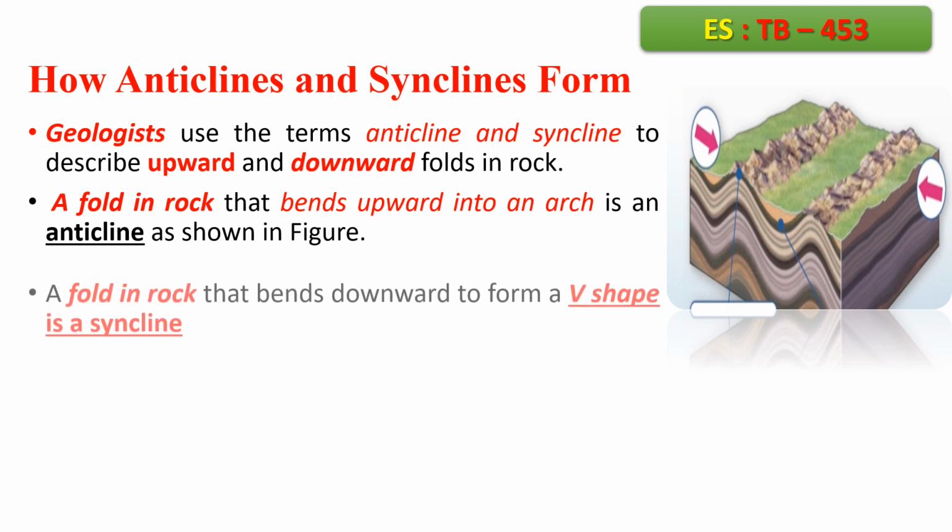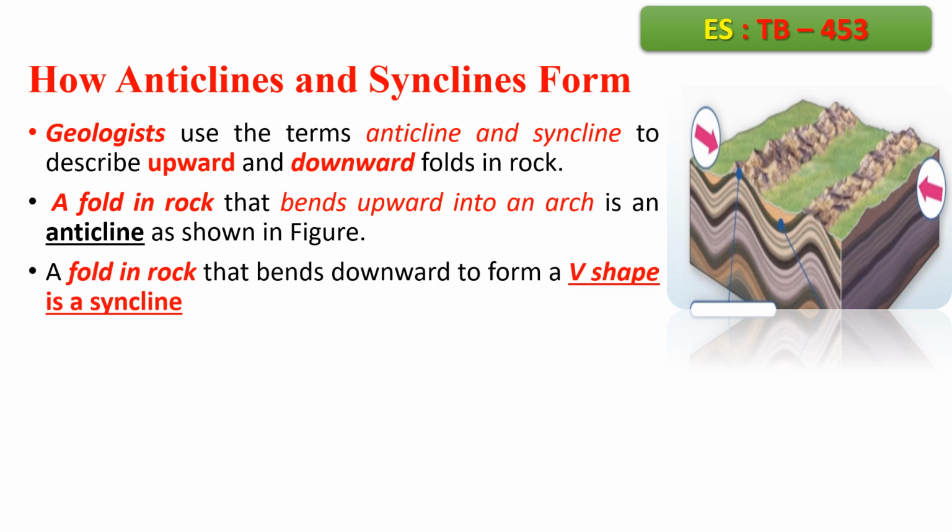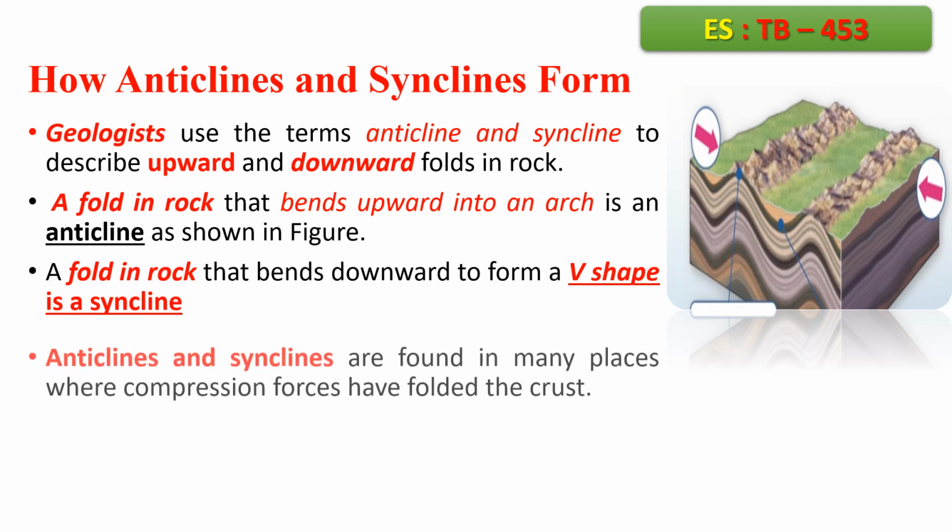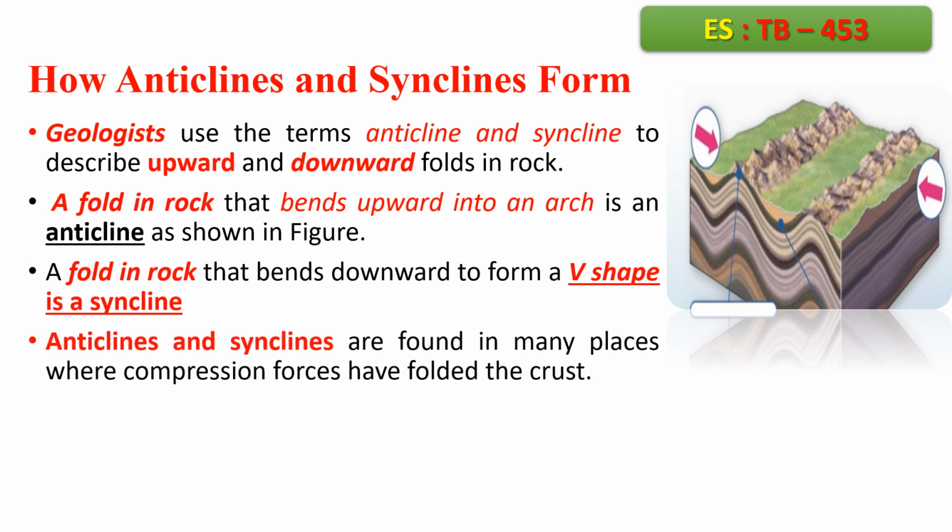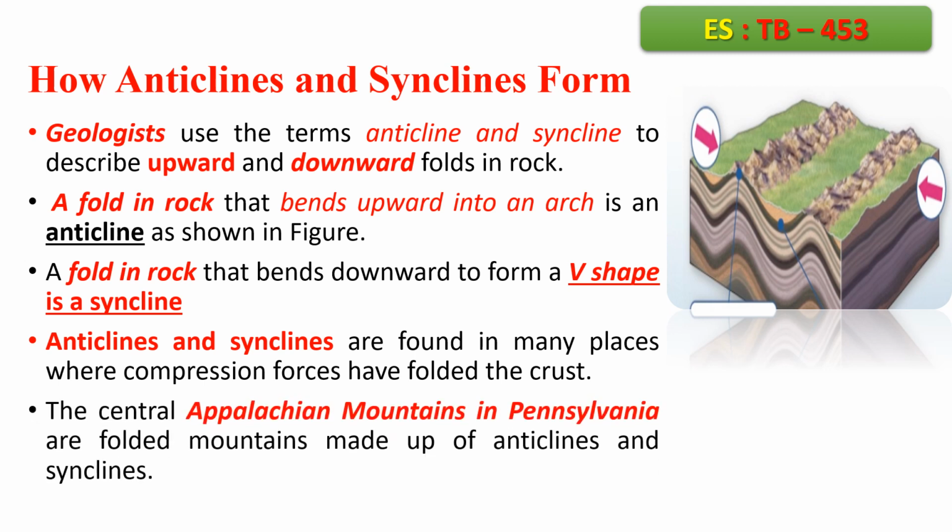A fold in rock that bends downward to form a V shape is called a syncline. Anticlines and synclines are found in many places where compression forces have folded the crust. The central part of the Appalachian Mountains in Pennsylvania are folded mountains made up of anticlines and synclines.